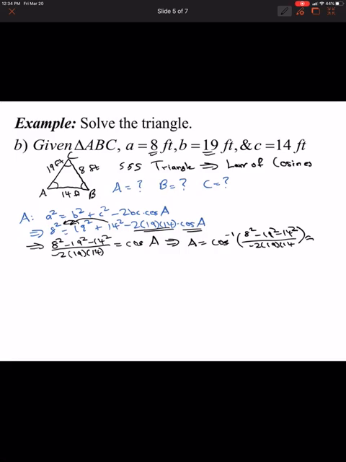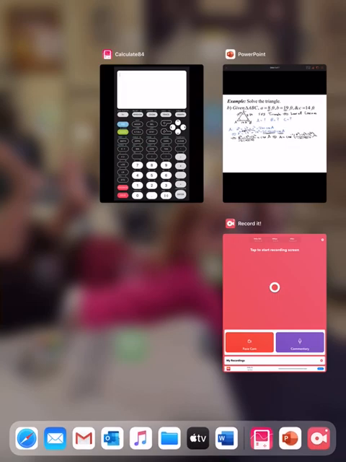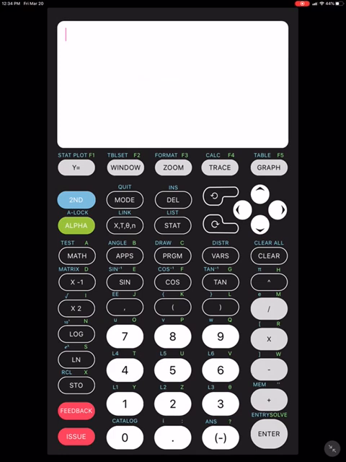Let's go into our calculator and type this in and see what we come up with for the angle measurement. I need cosine inverse, second cosine key on our TI. Let's put it all in one step. Let's type in the numerator, and notice I'm putting parentheses around it. Make sure you group it. 8 squared minus 19 squared minus 14 squared, close it.